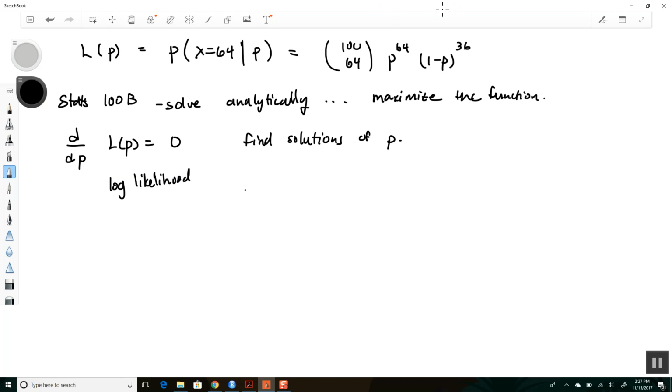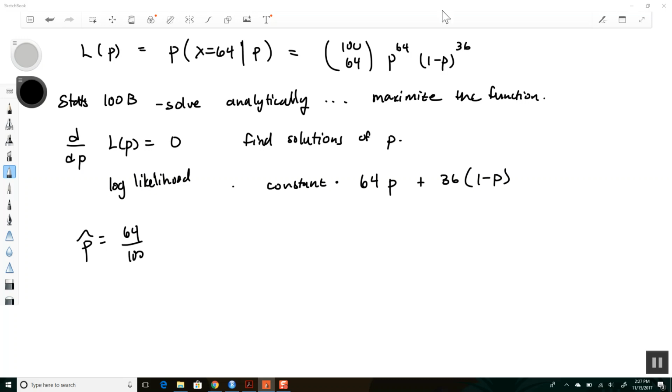You would get some constant plus 64 log p plus 36 log of 1 minus p. You take the derivative of the log likelihood, and anyway, this is what you did analytically. Then you'd find your p hat is 64 over 100.